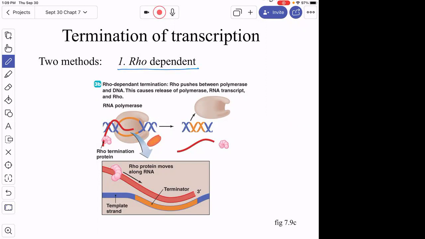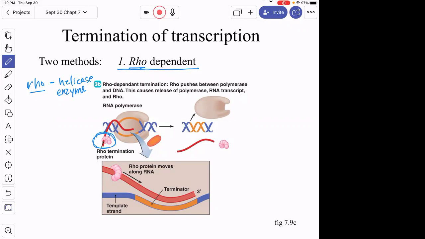Okay, so the first method is known as Rho dependent termination. So basically, this involves a protein called Rho. And Rho is actually a helicase enzyme. So remember what a helicase did during replication? It's the enzyme that melted the two strands apart or unzipped. So basically here, this little pink bracelet almost is the Rho protein.